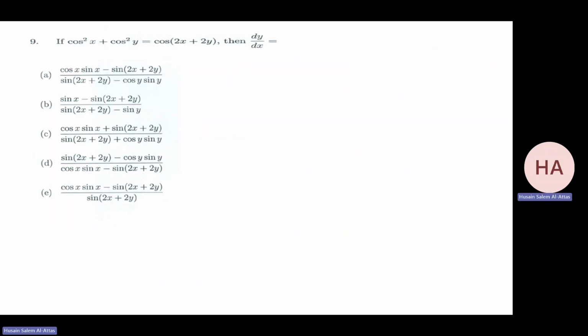If cosine squared x plus cosine squared y equals this, find dy by dx. Differentiate with respect to x. Do it step by step.